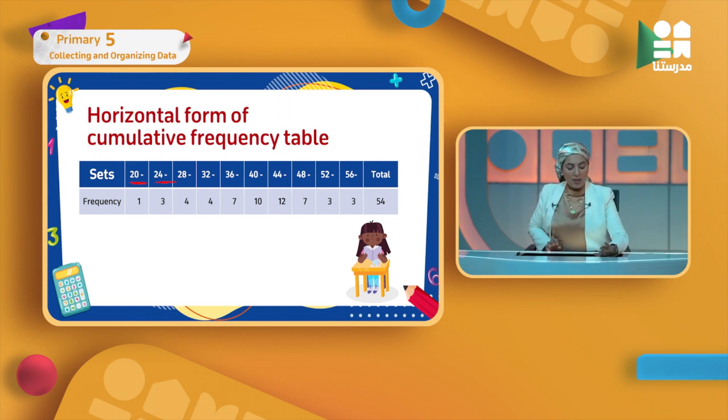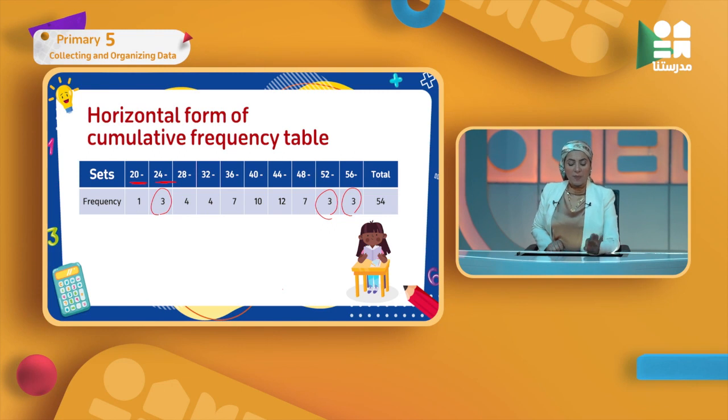As we see here, the 3 was repeated 3 times at which intervals? The intervals from 24 up to before 28, from 52 up to before 56, and 56 till before 60. Okay, what else is repeated?